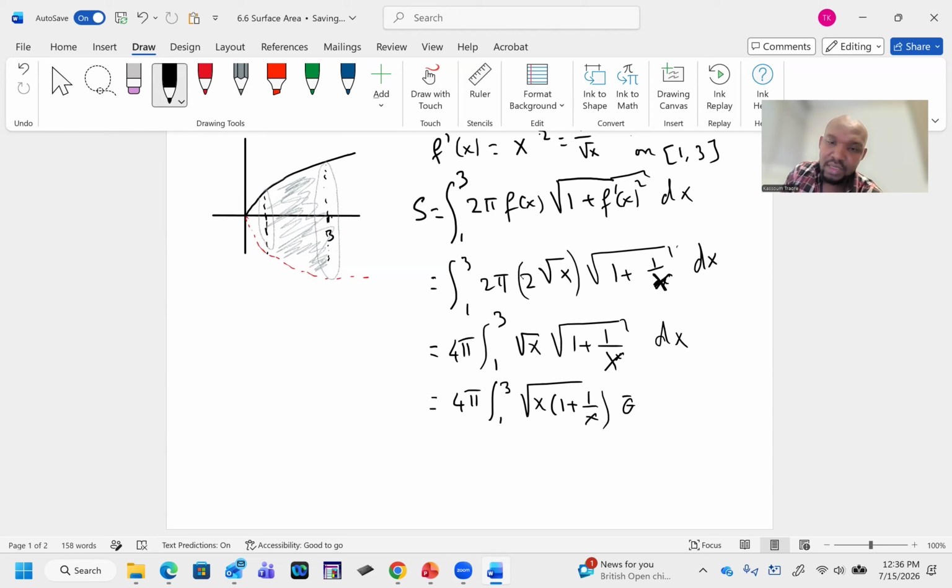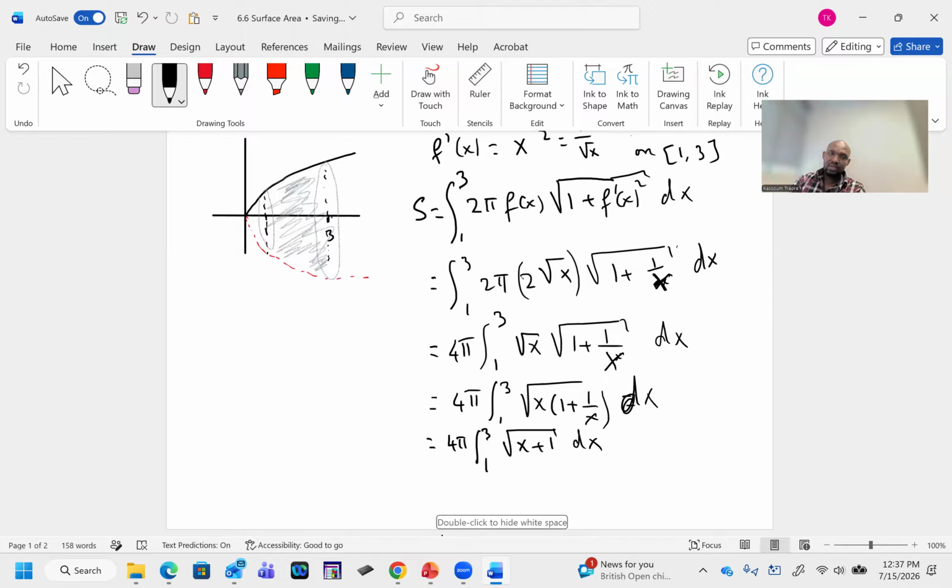So dx, then this will give us 4 pi, the integral 1 to 3 of square root of x plus 1 dx.